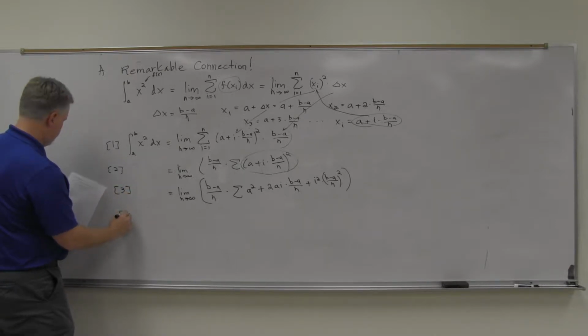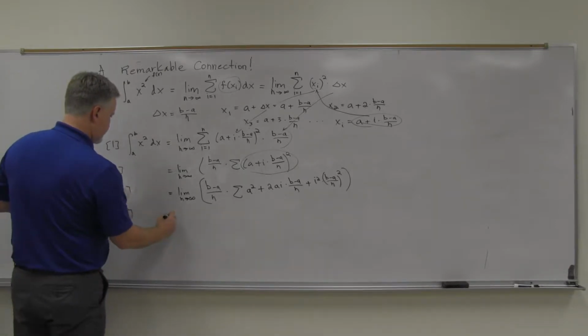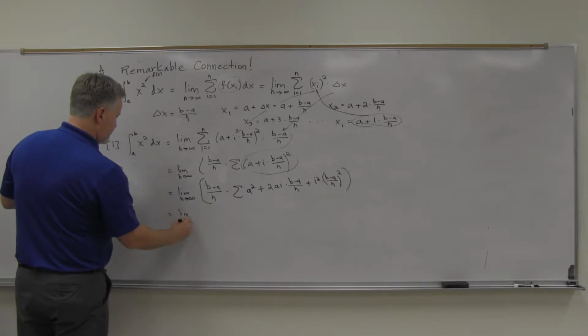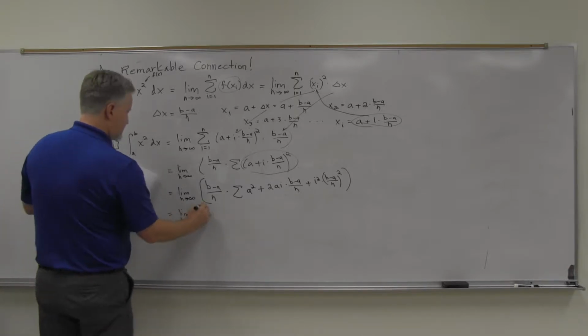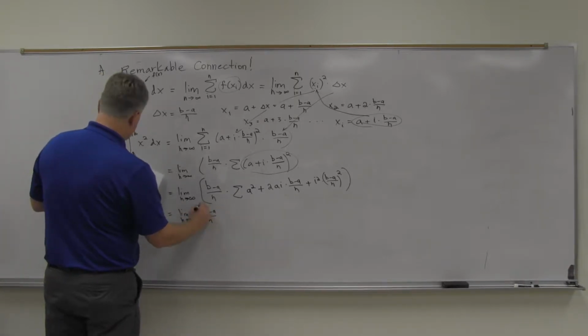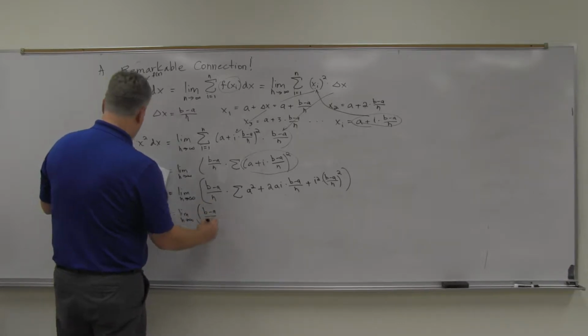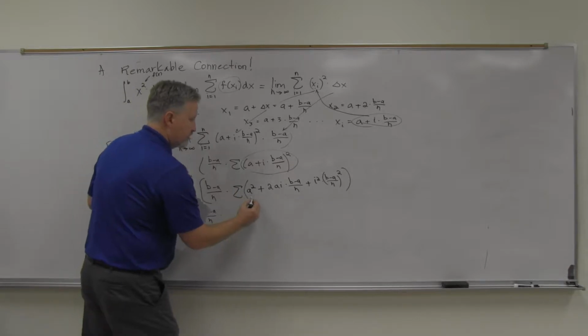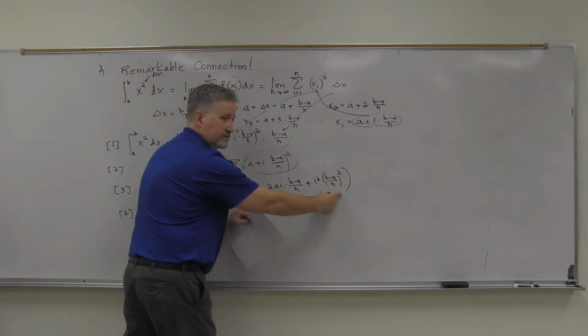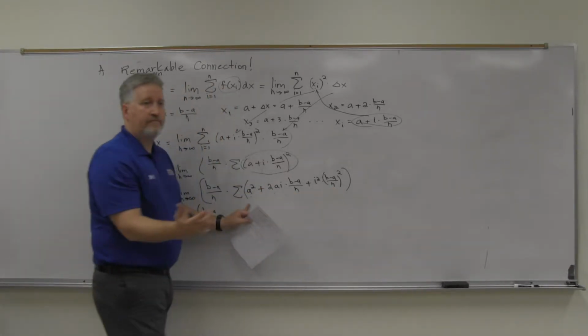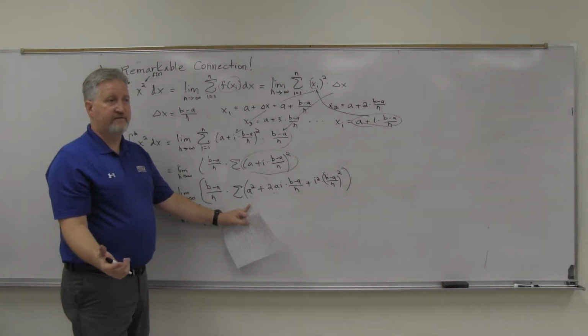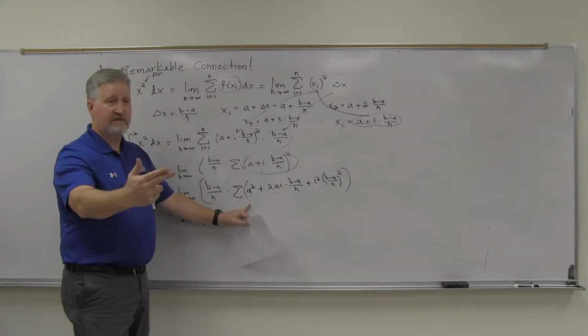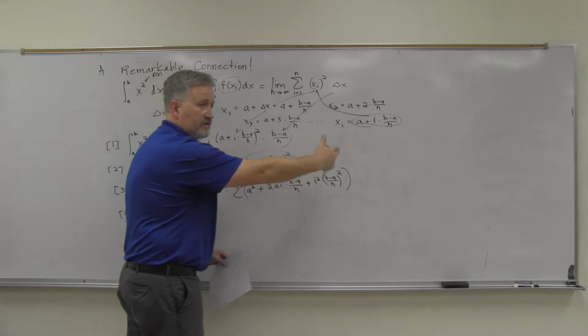Line 4, well, I've got it written out. Let's see what I did. I've got the limit as n goes to infinity of b minus a over n times the summation. Okay, so look at what I did on line 4. I've got three things in this summation now. And by whatever property it was, if I've got three things in my sum, I can separate those all into separate summations.